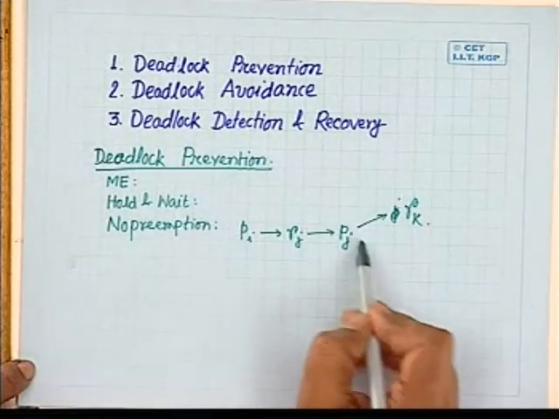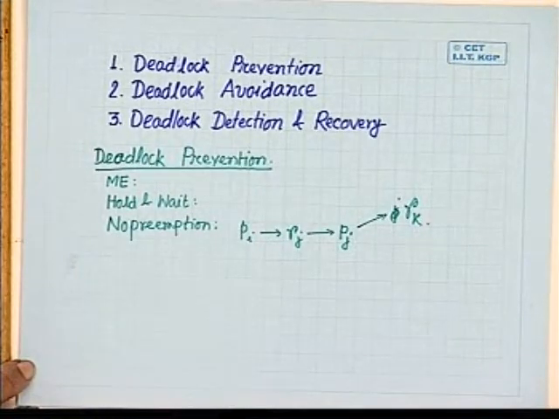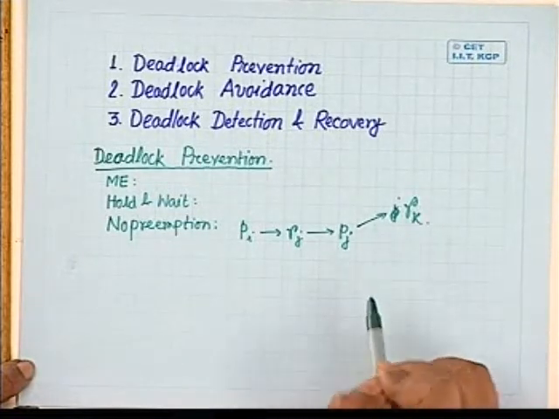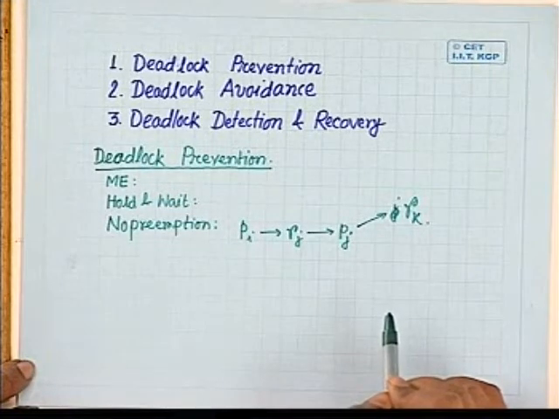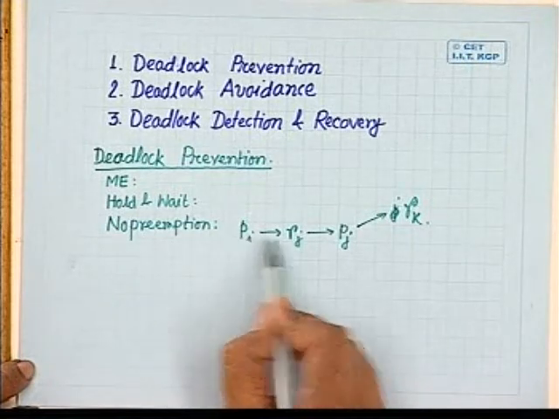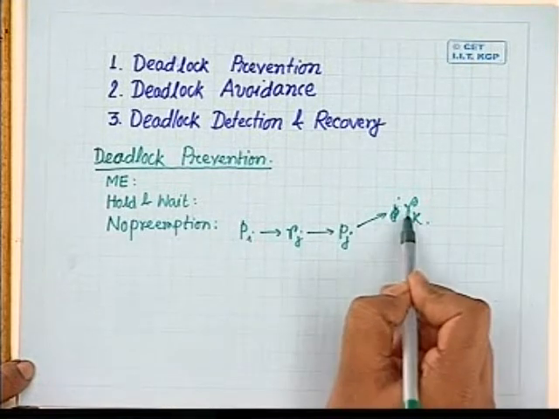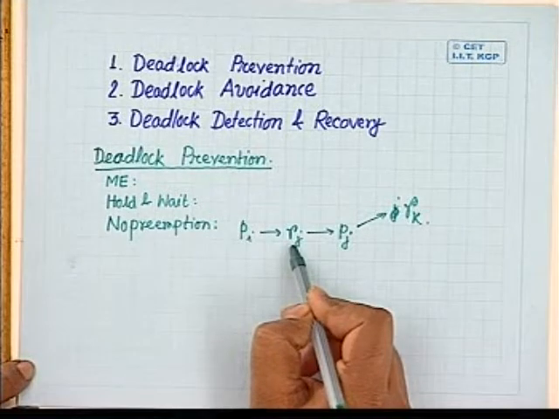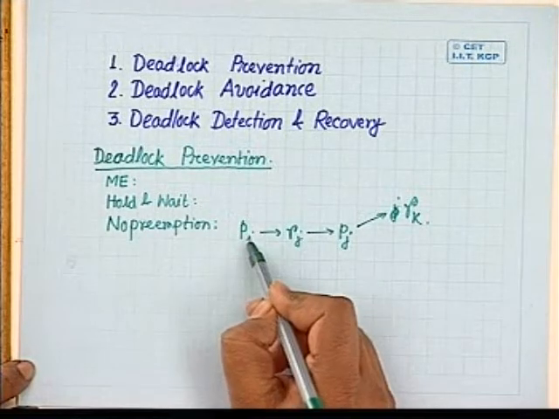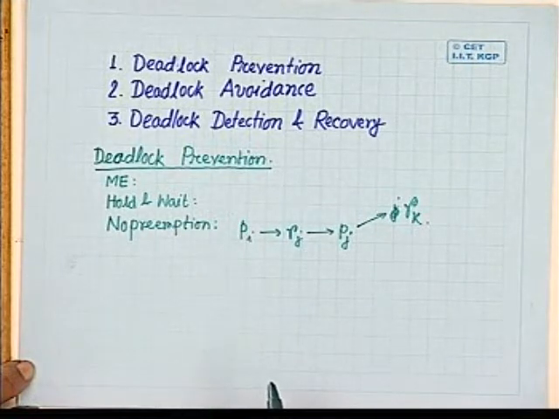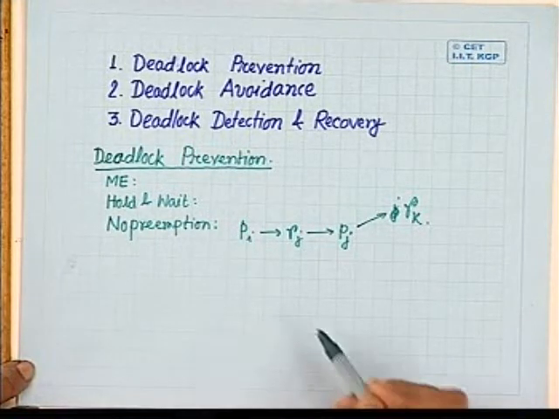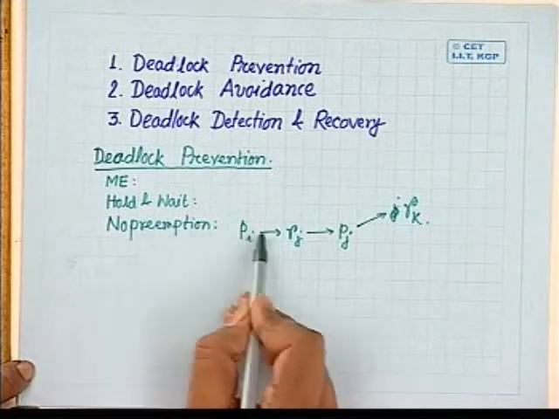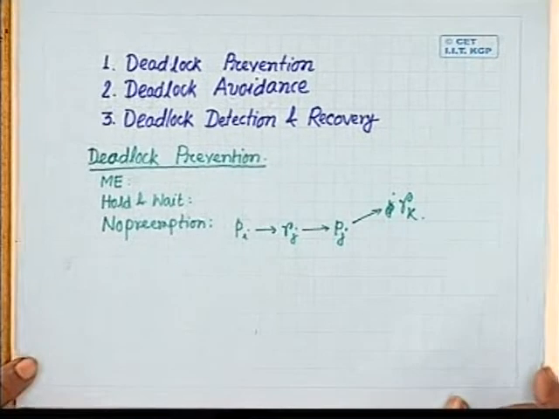That means Pj also cannot proceed its execution because Rk is not available. Okay. So at this point, what I can do is, because Pj is also waiting, while holding Rj, we'll ask Pj to release Rj. Then Rj can be allocated to Pi and Pi can complete execution. So there are various approaches that can be taken, and this will try to break this no preemption condition.